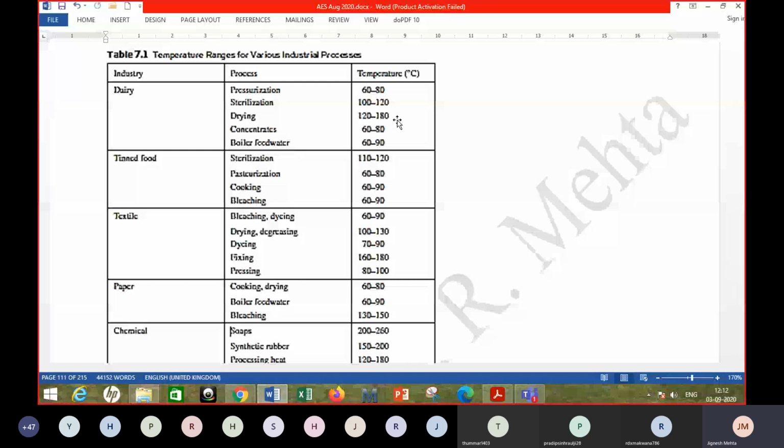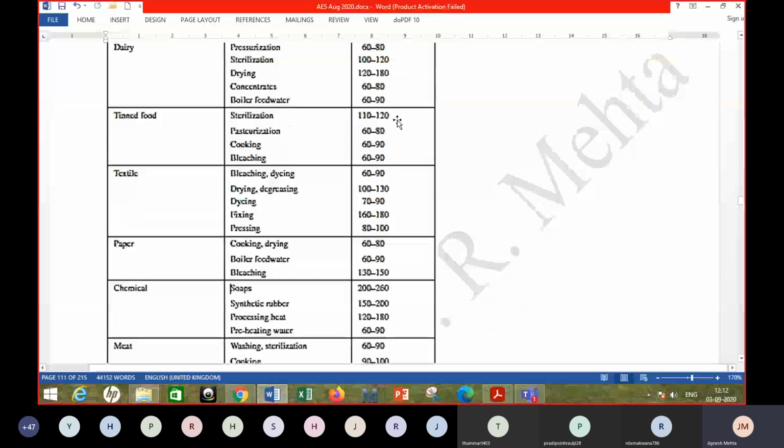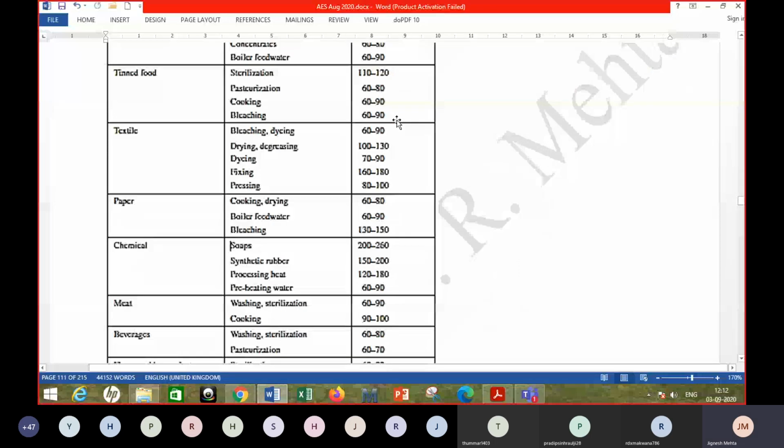Textile industry also, like drying, dyeing, and so on. Paper industry, chemical industry for making soaps, synthetic rubber, processing heat, pre-heating of boiler water, etc. Some other industries like meat industry and beverage industry.